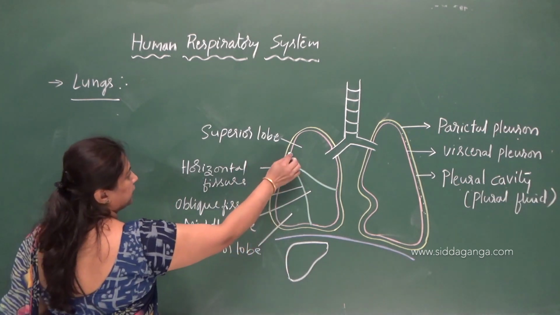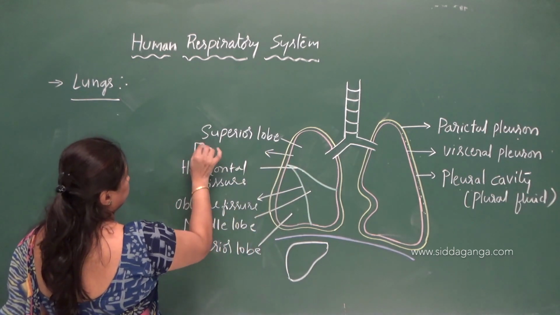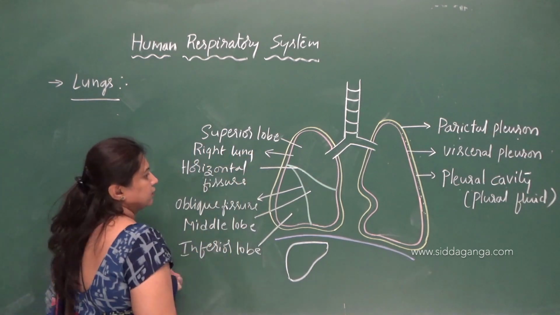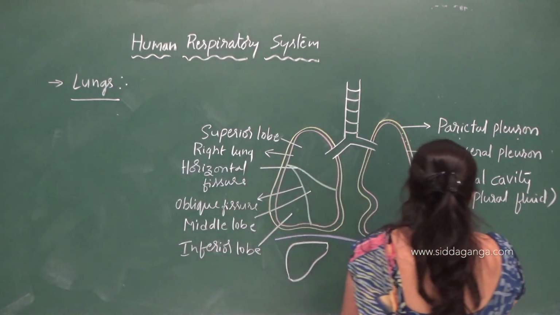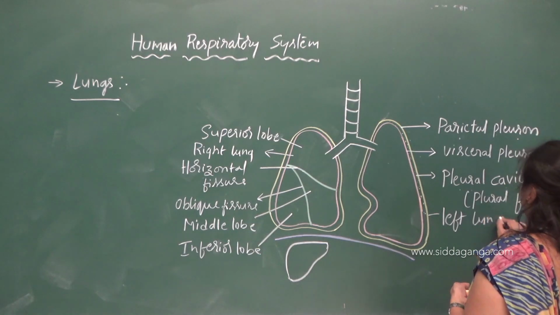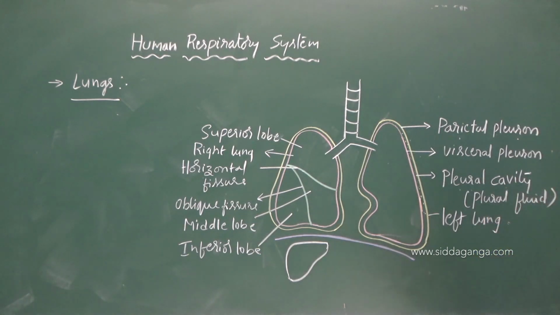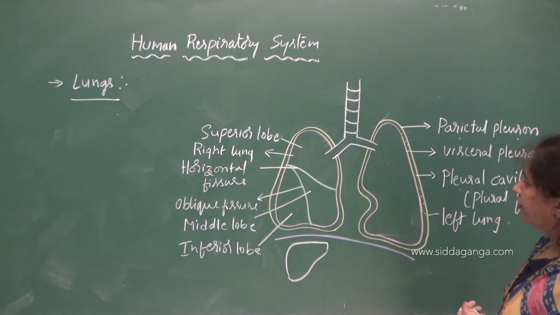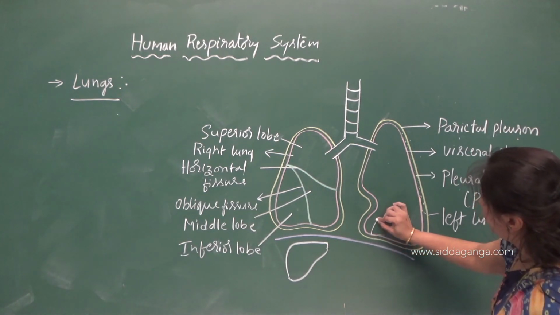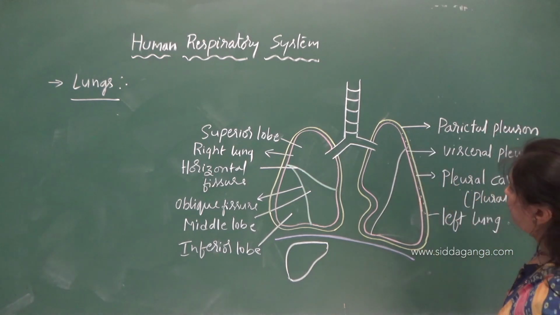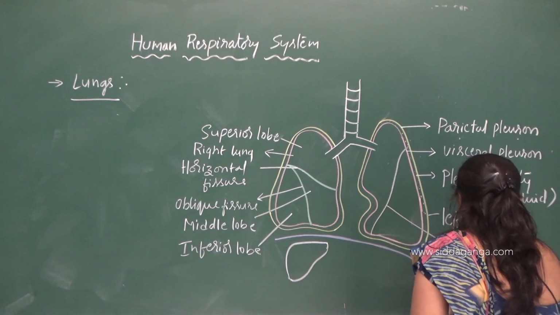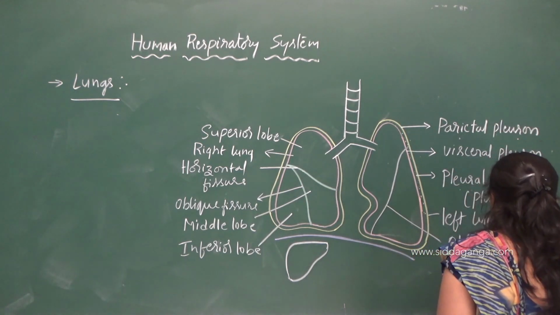Let me label this as the right lung. This is the left lung. In the left lung there is only one fissure, the oblique fissure.